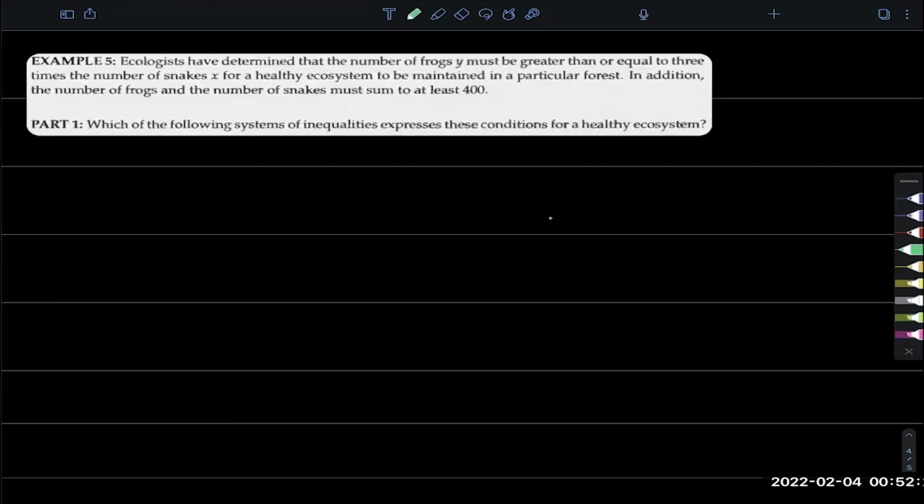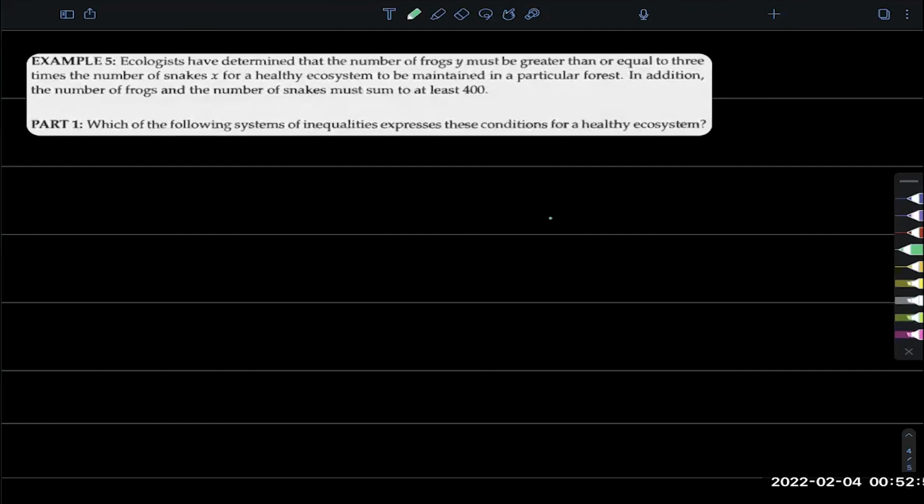Sir, y is greater than or equal to 3x. Oh, sorry, 3x. Yeah, that makes sense. So I think I also might have gotten it. Okay. So that's the third part of inequalities. So y would be greater than or equal to 3x plus 400. One equation would be that y is greater than or equal to 3x, just that.